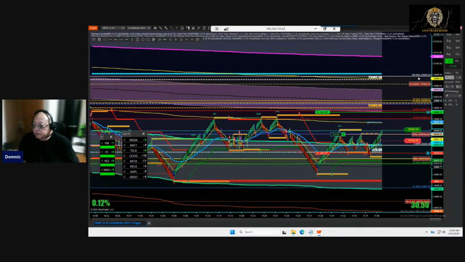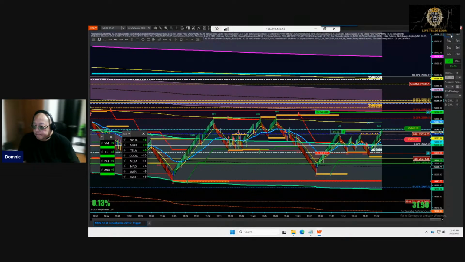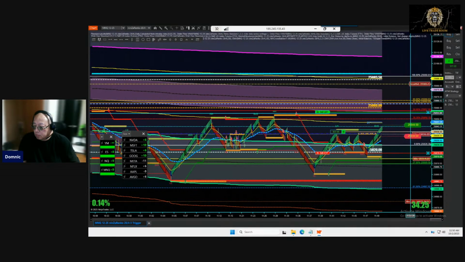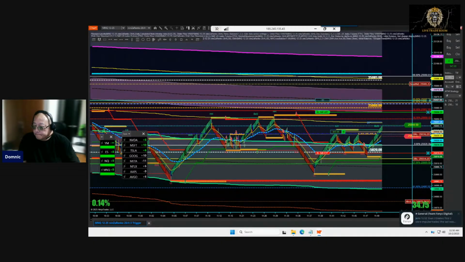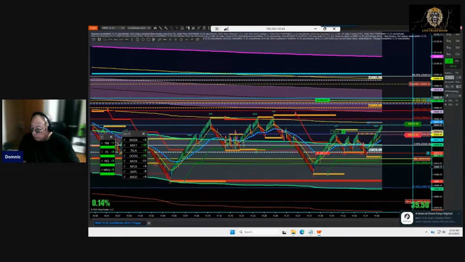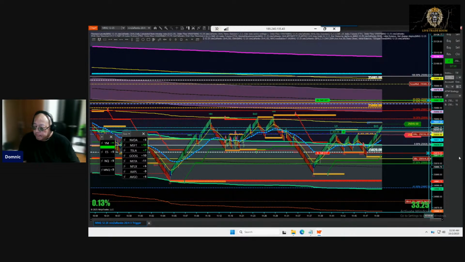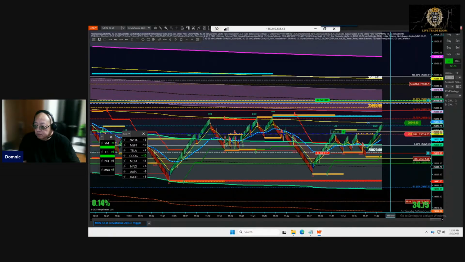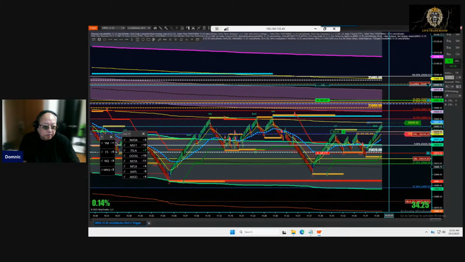Let's see. Order filled. Let's see if they continue this momentum. We may even get up to here. Well, the mid is right here, I believe.